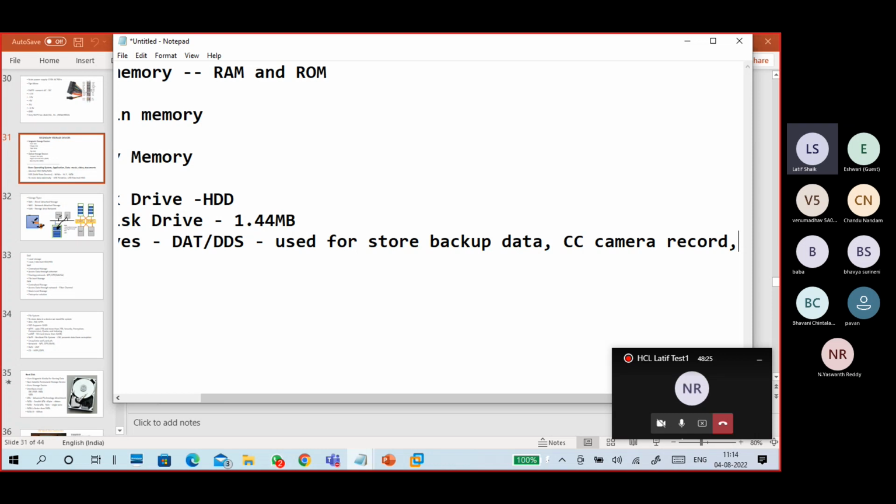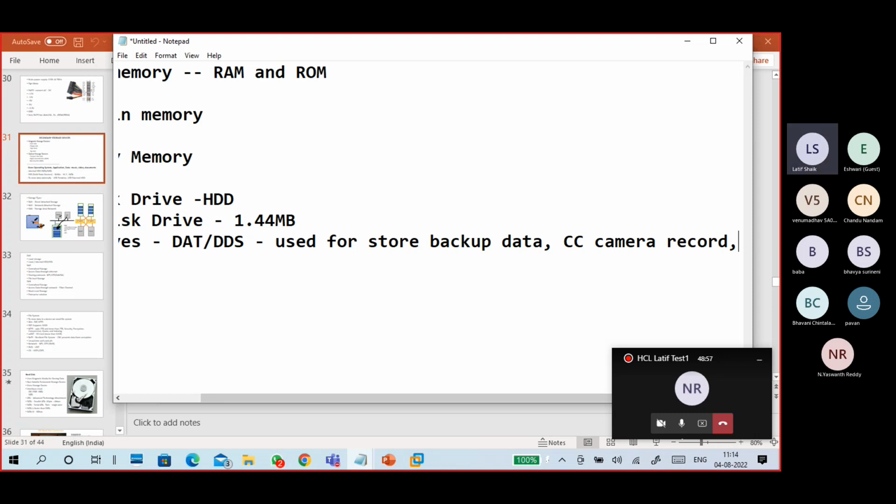Records are better to store in this one, so we can keep the data for a longer period of time. I put in a cassette, the recording is going on, now the cassette is full, I insert another cassette, and I remove the old cassette. I will keep it and write on the cassette, like this record from this particular time to this particular time.